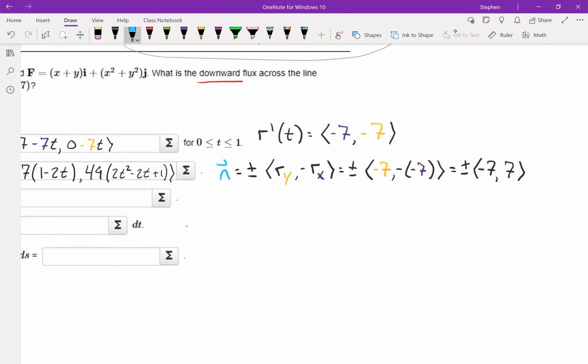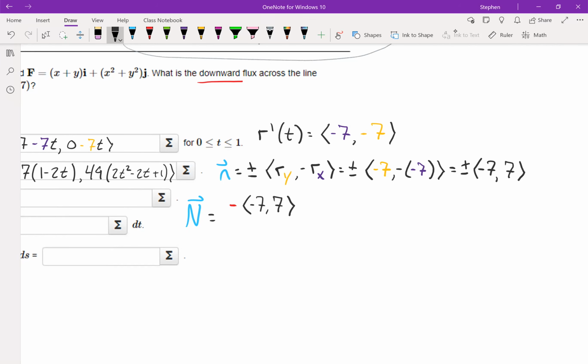So if I'm going to figure out the actual normal vector that I want to use, I'll remember I said that we wanted the downward flux here. So I'm going to take the negative option out of the plus or minus. So I want the negative of -7, 7.